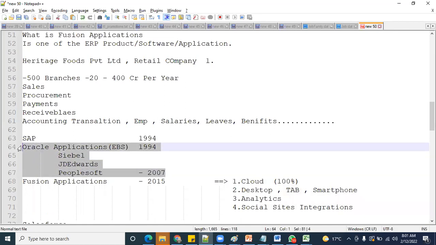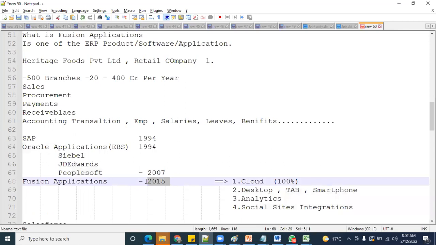That's why Oracle started building a new ERP product right from scratch in 2012, built it by 2015, and delivered it into the market in 2015. So this is what Oracle calls the next generation ERP product.